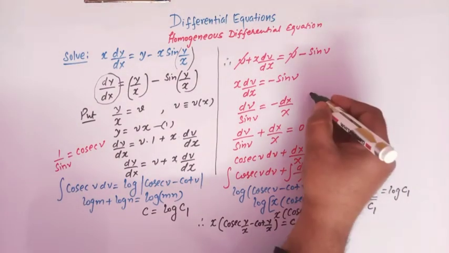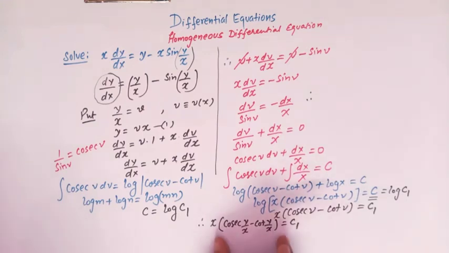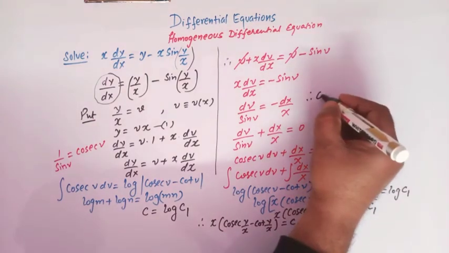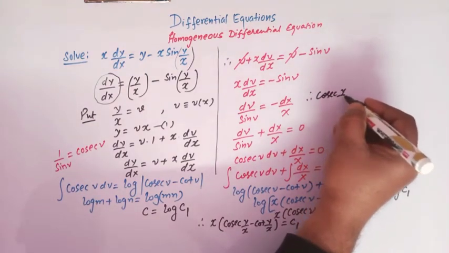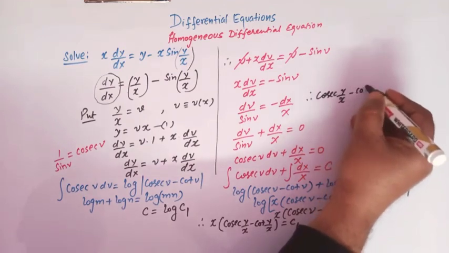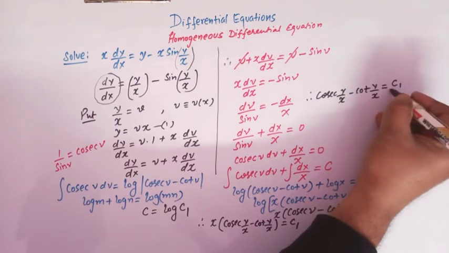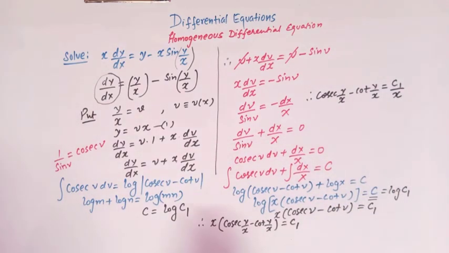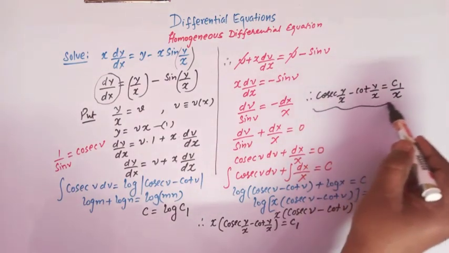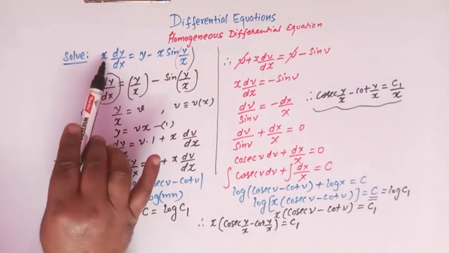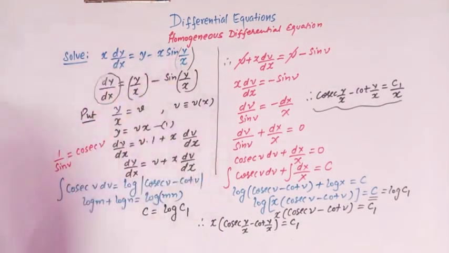So therefore we can write this expression as cosec y over x minus cot of y over x is equal to c1 over x. So viewers, this is the general solution of this given homogeneous differential equation. So this is how we solve this problem.